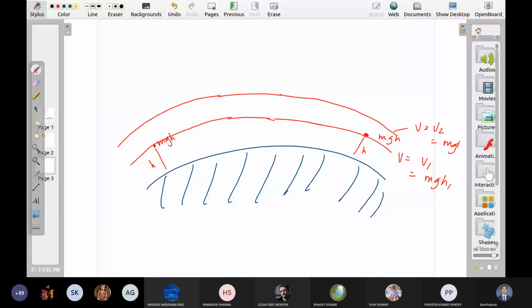It is in this direction, right? What is the direction of force at this point? Towards the core. That is why it is also perpendicular to the equipotential surfaces, right?